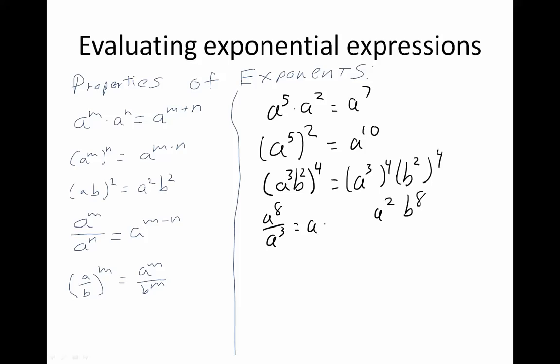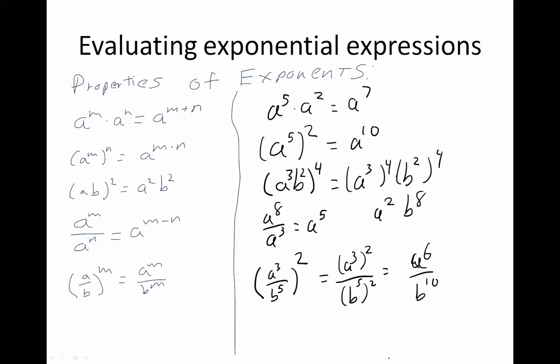So this is a to the 5th. Finally, when we have a division problem that's in the parentheses with a power on the outside, we make sure to distribute that power to everything. So a cubed to b to the 5th squared is going to make a cubed squared and b to the 5th squared, which makes a to the 6th and b to the 10th.